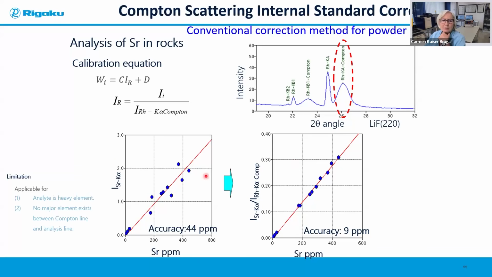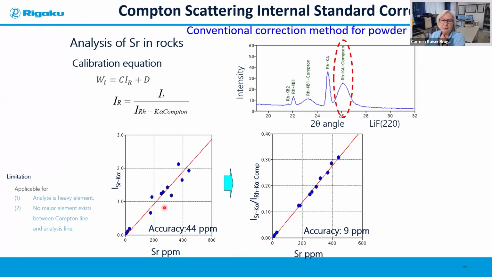So in this example, this is the traditional empirical calibration, where we just measured the strontium and correlated with strontium in ppm, but we have a very poor analytical fit. So it needs some kind of matrix corrections.